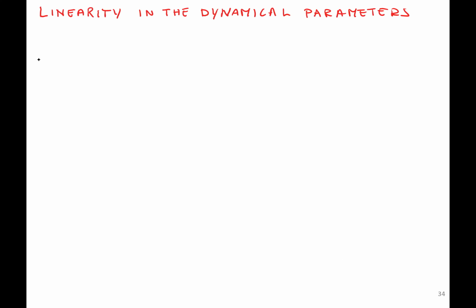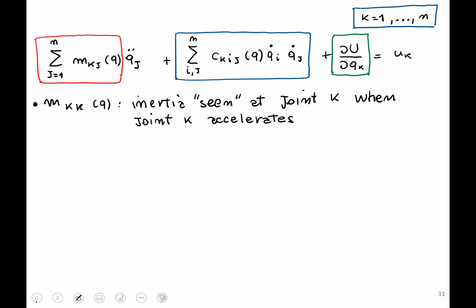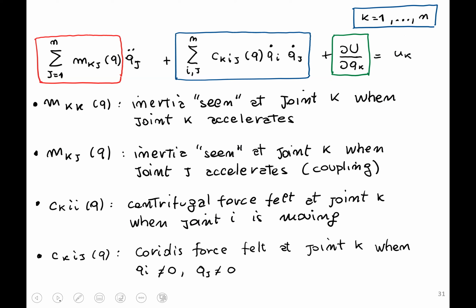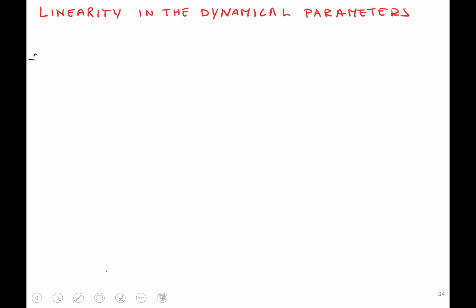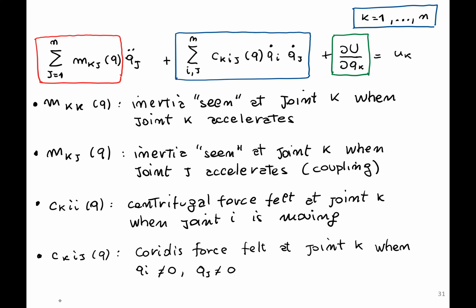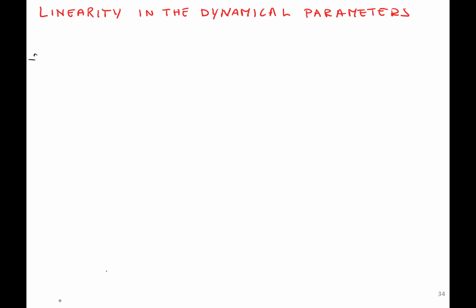We take one line of the equation, sorry. Whenever both joint i and joint j are moving, and we will see examples of these forces in a later example.